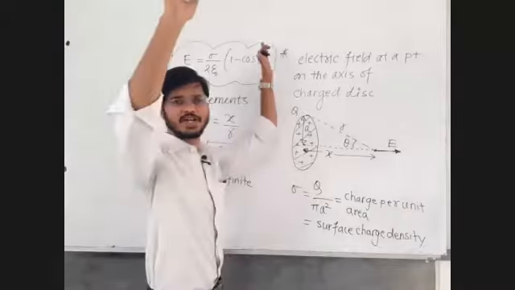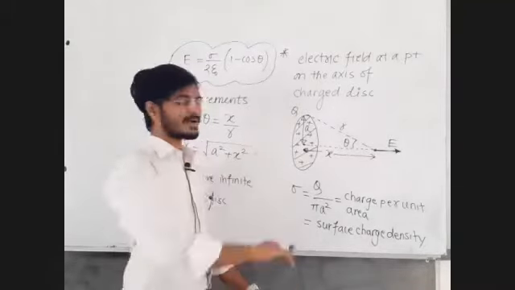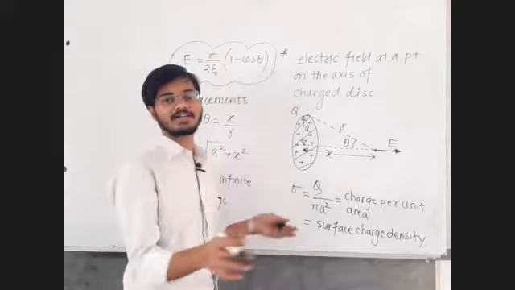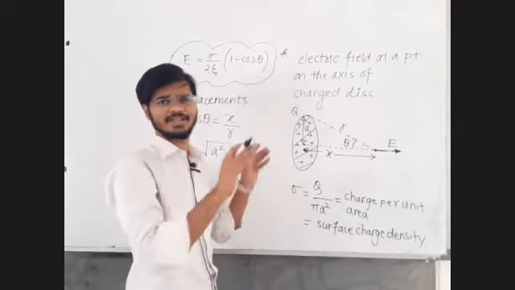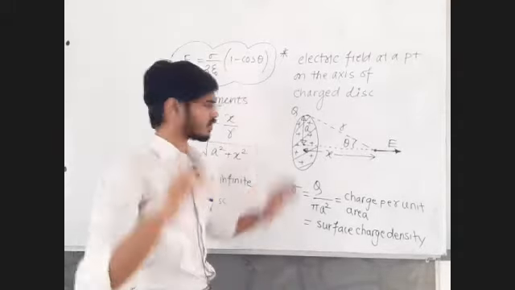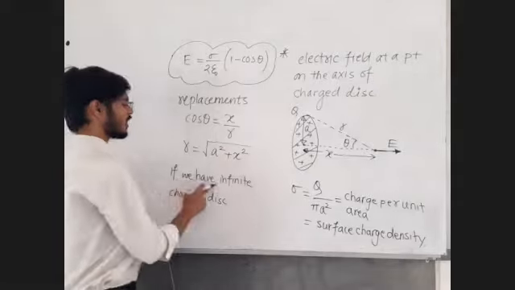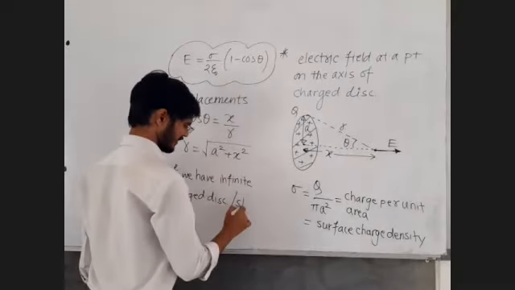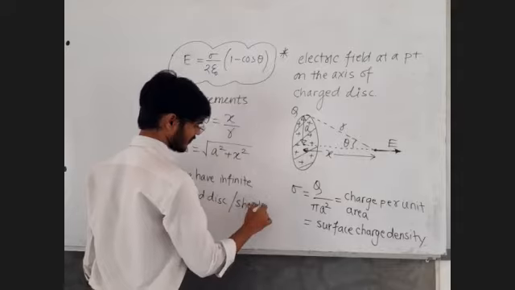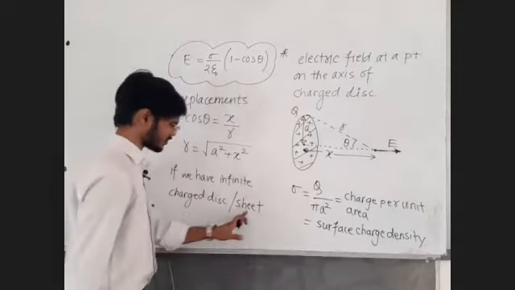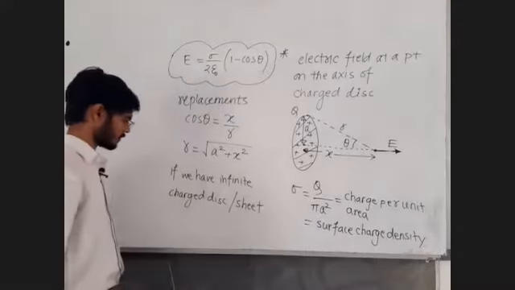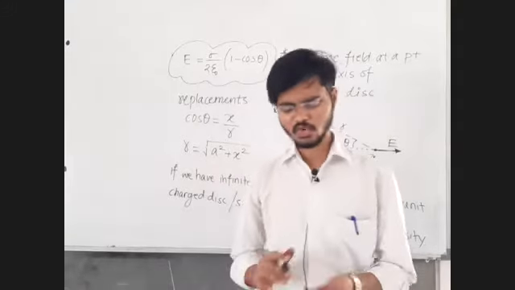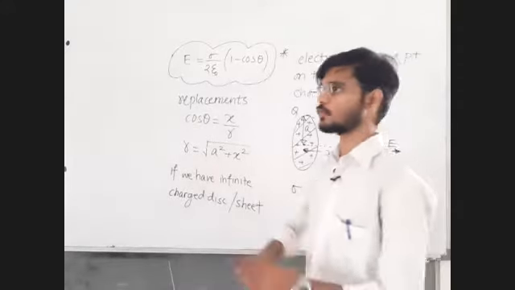If some object is infinite, it doesn't matter whether it is a circular shape, rectangular shape, square shape or any random shape, it is an infinite object. If we have an infinite charged disk, or you may call it a sheet, because now the shape will not matter, it's a two-dimensional object, so let me call it a sheet. Okay sir, now the disk is really going to be infinite.